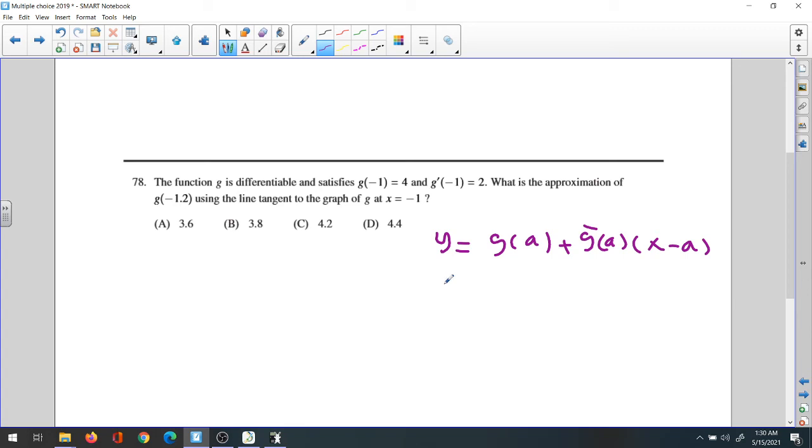So it's going to be g of -1.2 equals g of -1 plus the derivative at -1, which is given, times x minus -1, which is +1.